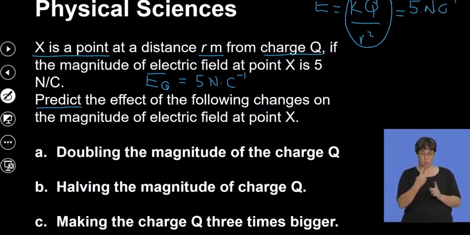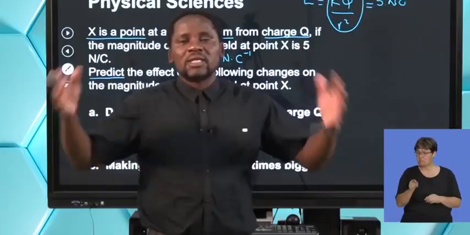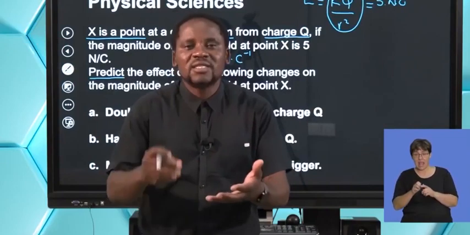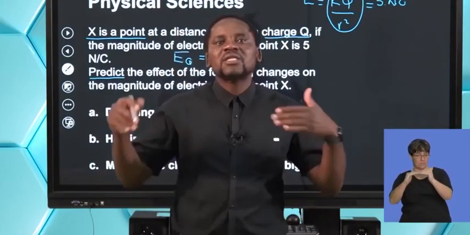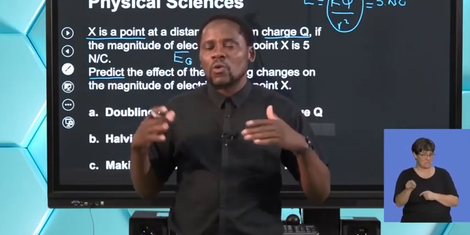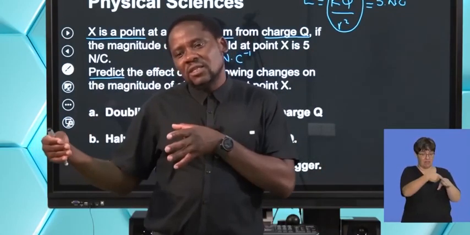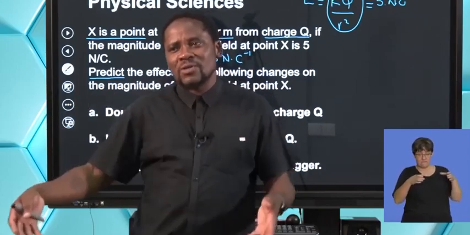But now, if we double the charge, the question that remains is: does the value of E at that point increase, decrease, or remain the same? That's the line of thinking that we want to use. So if we double the charge, does the field become stronger?